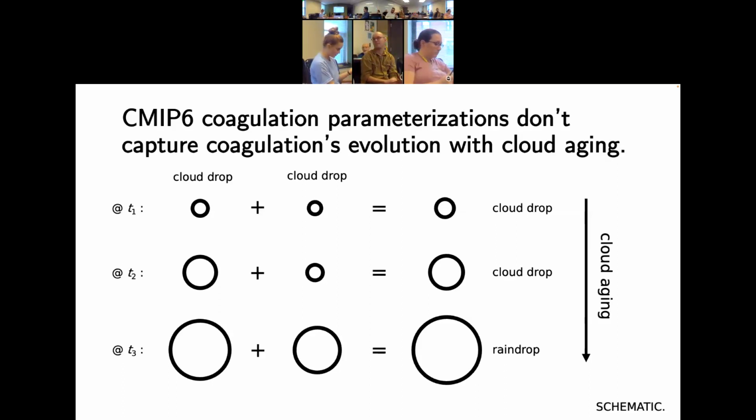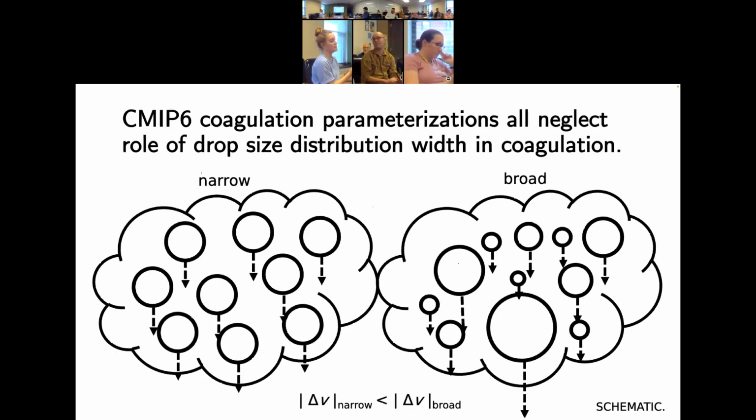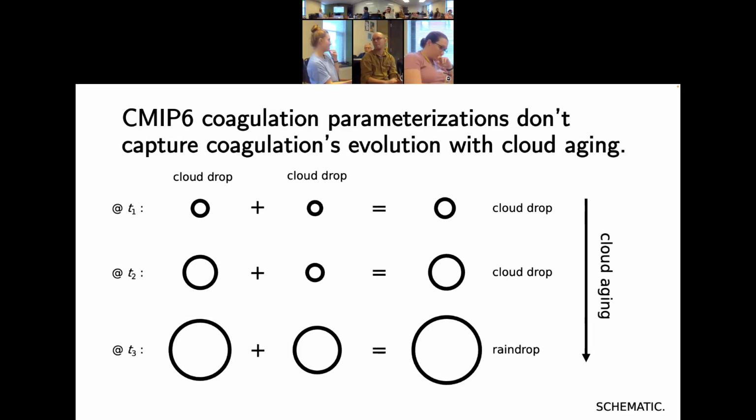Okay, so this first assumption is that the width of the size distribution doesn't matter. The second assumption is that there isn't any dependence on cloud aging. And you can see why this might be something physically we want to put in, just from this schematic example. As we go through time, we only have two size bins.